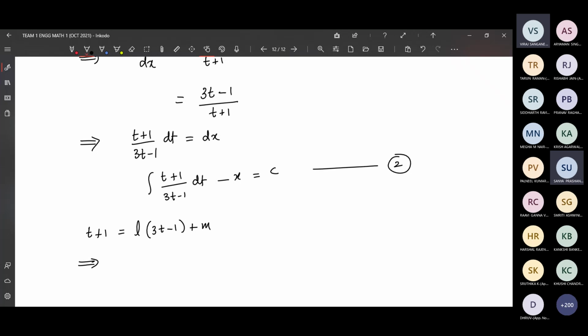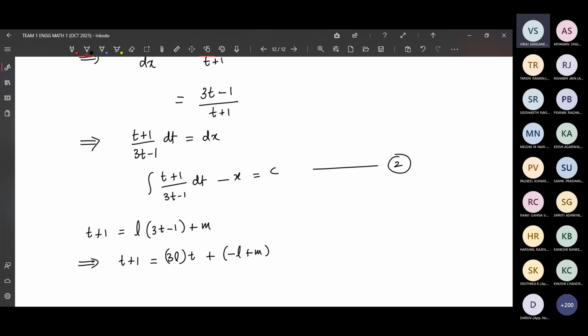1 plus p by q, fine, right? Again, that's fine. t plus 1, you can have your own way of resolving it. That is fine. You can use your techniques of integration. So this I am taking as a standard coefficients comparison: t plus the right side constant is l times (3t minus 1) plus m, in terms of 3l t minus l plus m.